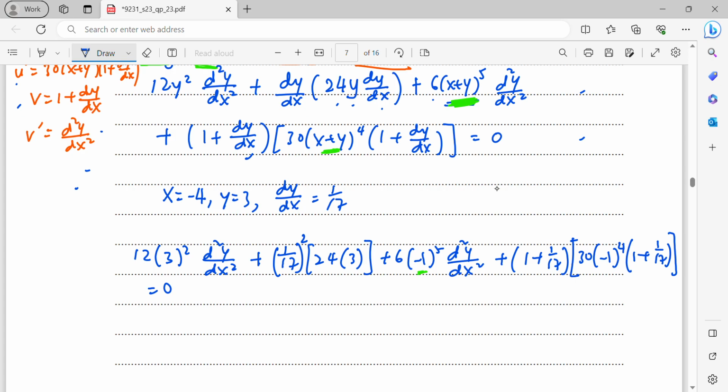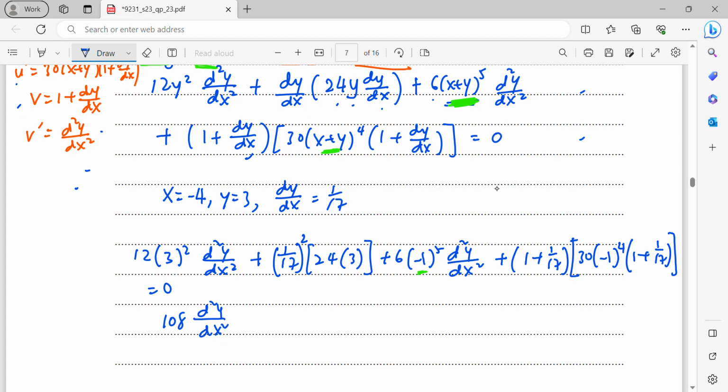Okay, so now when you calculate, the first one is 102 d squared y over dx squared. Wait, let me check. It will be 12 times 9. Okay, 12 times 9, 108. So here is going to be 108 d squared y over dx squared.